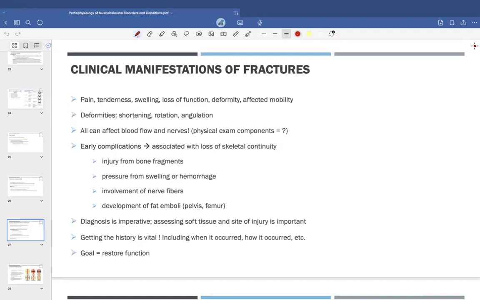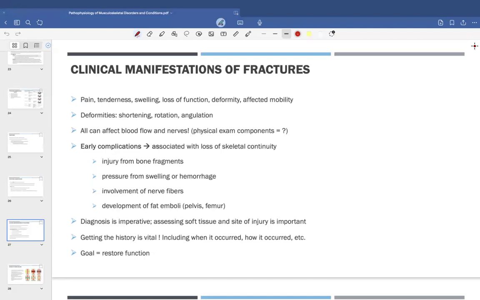Additionally, the bleeding that occurs because we have disrupted viable tissue and it's going to bleed, that bleeding can add to swelling as well as pressures within compartments. There can be damage to nerve fibers, either primarily or even as a result of the pressures and the edema. And in some of your larger bones with big yellow marrow composition, fat emboli can occur.